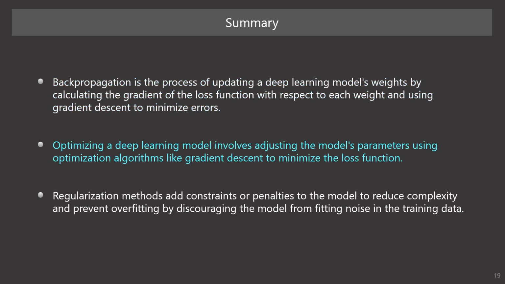Optimizing a deep learning model involves adjusting the model's parameters using optimization algorithms like gradient descent to minimize the loss function. Regularization methods such as L1, L2 regularization or dropout add constraints or penalties to the model to reduce complexity and prevent overfitting by discouraging the model from fitting noise in the training data.